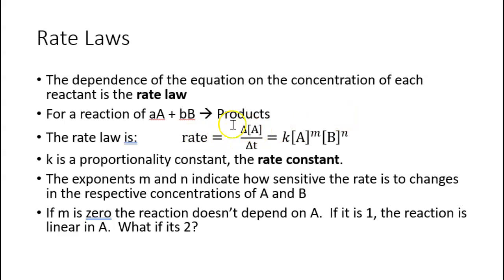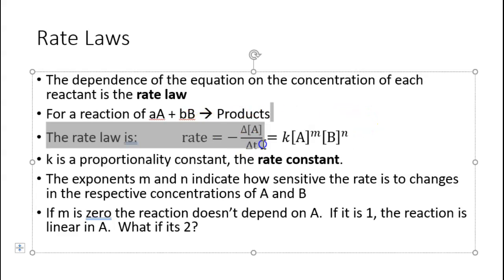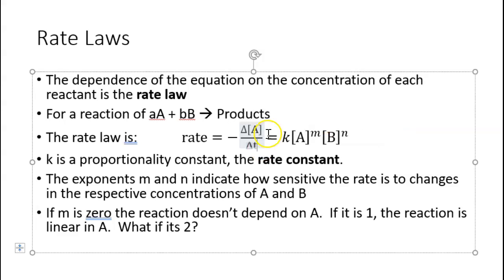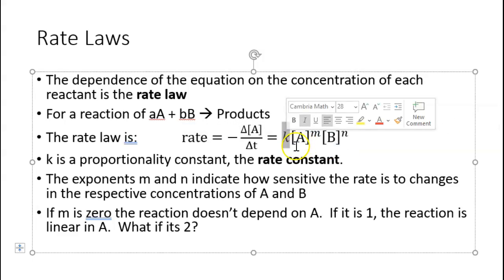And so here you can see it's written like so. We say the rate is equal to, and then we have this little bit here, which is one of the possible relative rate expressions. And we say then that is equal to this part here. This k obviously is a constant, and hopefully you're used to k being a constant by now.